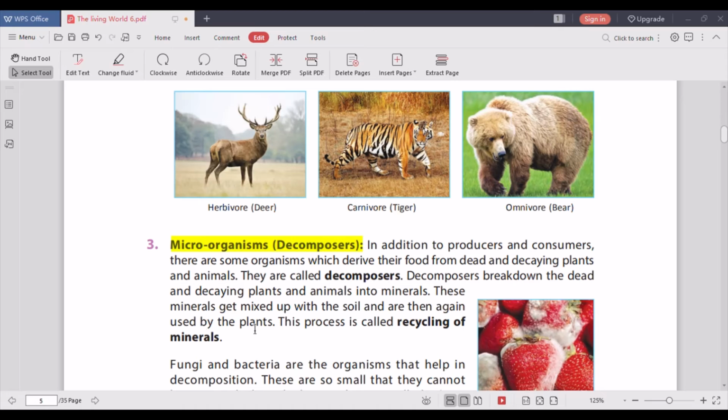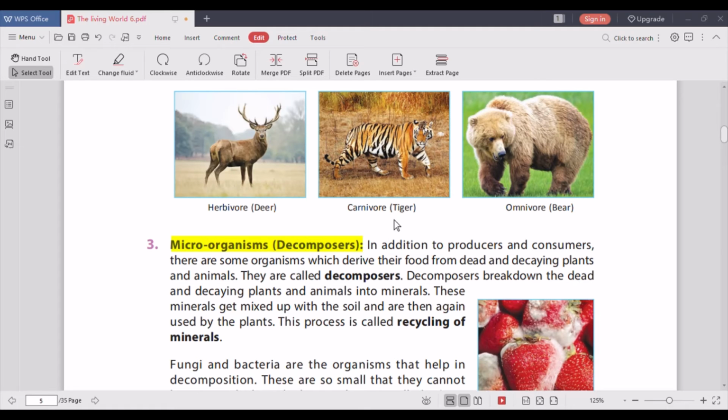These minerals get mixed with soil and are again used by the plants. The process is called recycling of minerals. So recycling of minerals is that the plants, the producers, are producing and herbivores are eating them and carnivores are eating herbivores.